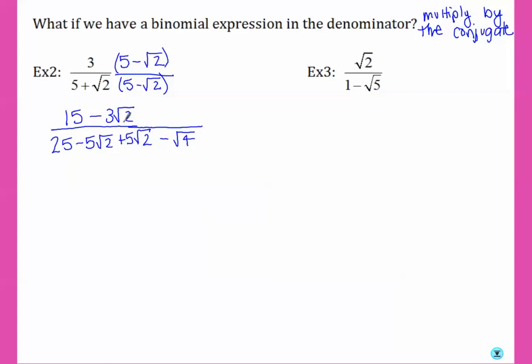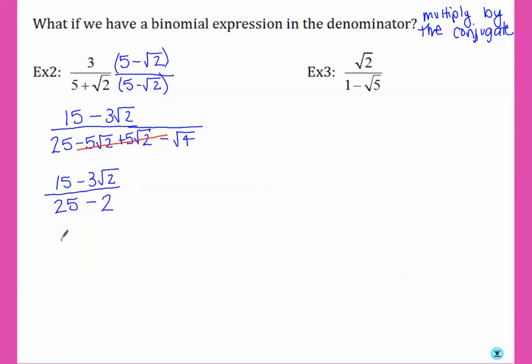The top cannot be combined or simplified at all. In the denominator, negative 5 square roots of 2 and positive 5 square roots of 2 cancel out. We're left with 25 minus the square root of 4, which is 2, so 23.